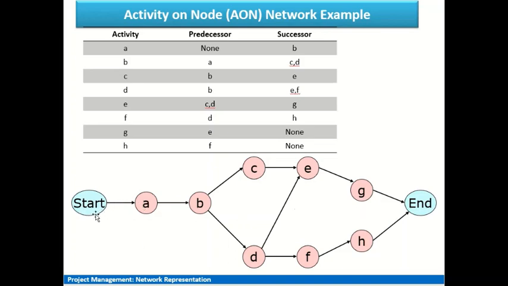Activity on node, as the name implies, means the activities are shown on nodes instead of arcs or arrows. So first we have the activity A. It has no predecessor, meaning just after start it is the first activity to be started, and after A the successor activity B is taken up.